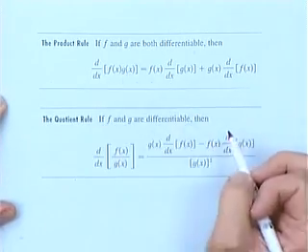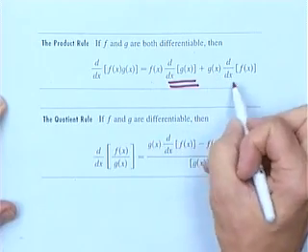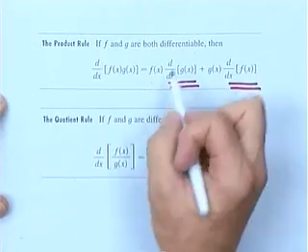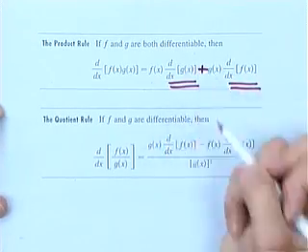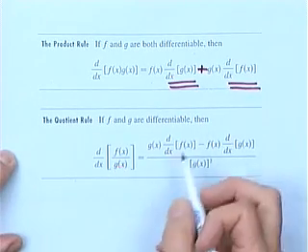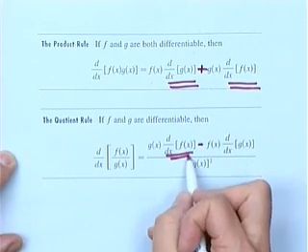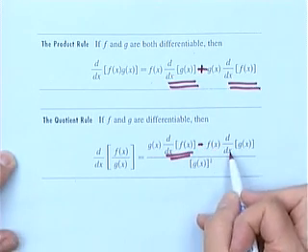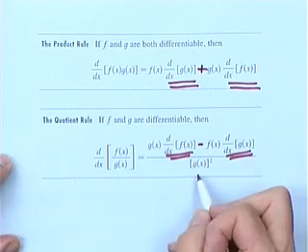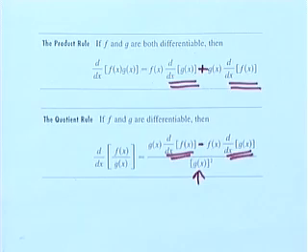So derivative of a product: first times derivative of second plus second times derivative of first. You can commute that order and it's not going to make a difference. Don't commute the order here, because it's denominator times derivative of numerator minus numerator times derivative of denominator, all over the original denominator squared. All right, one last example and then we'll look at a WebAssign question.